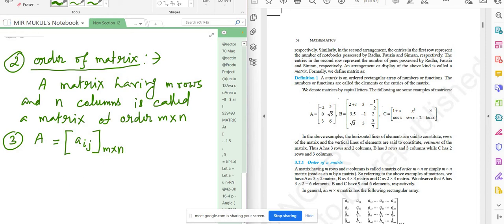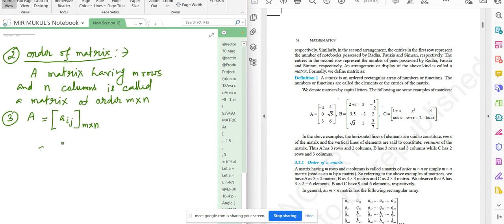So if we expand this, then we'll write like that. The i is the row number and j is the column number. So the first element will be a11. It means this element lies in the first row and first column. Then a12, a13, then a1n.